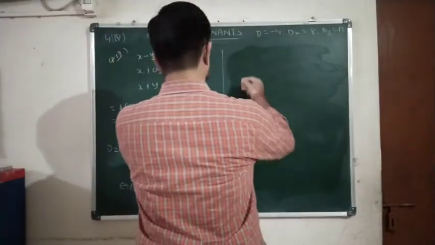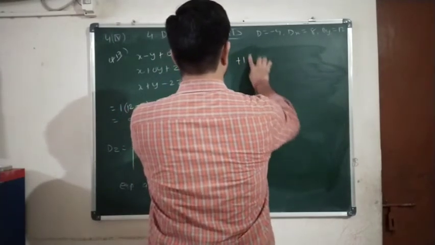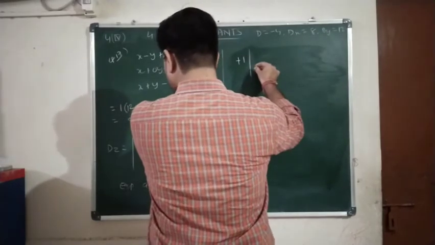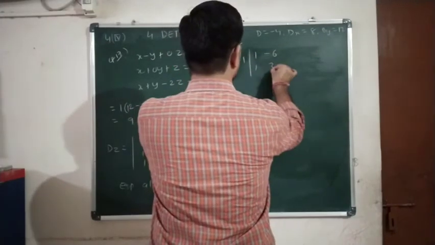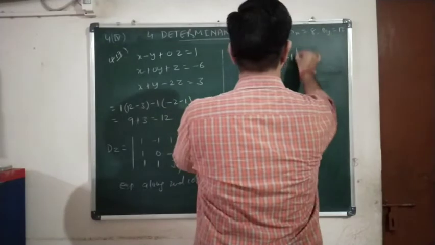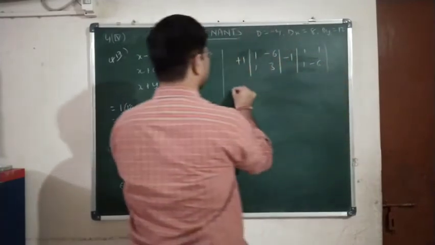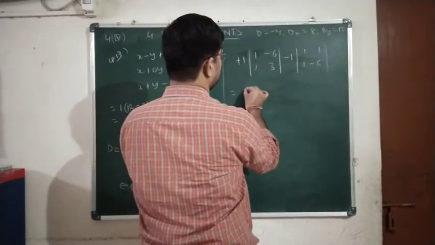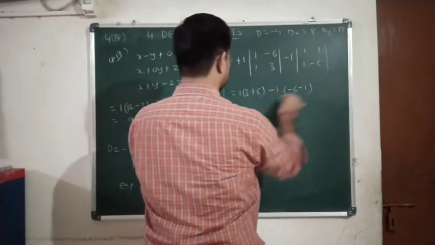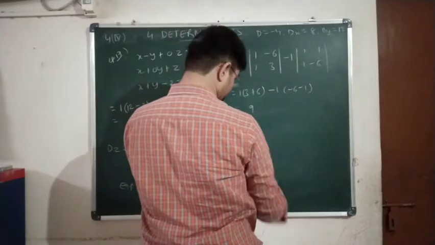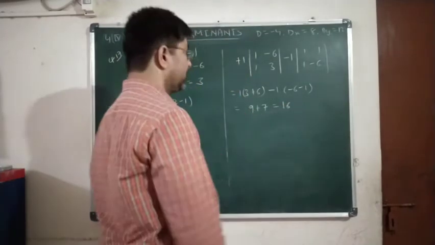So minus, minus, plus: 1 into the determinant 1, minus 6, 1, 3, and minus 1 into the determinant 1, 1, 1, minus 6. So 3 ones are 3 plus 6 is 9, and minus 1 into (minus 6 minus 1), so plus 7. So we'll get Dz to be 16.